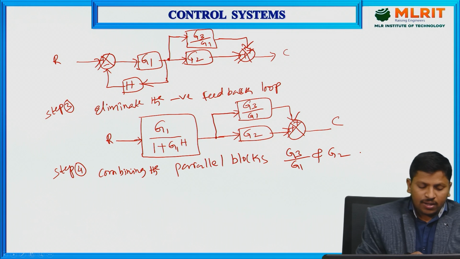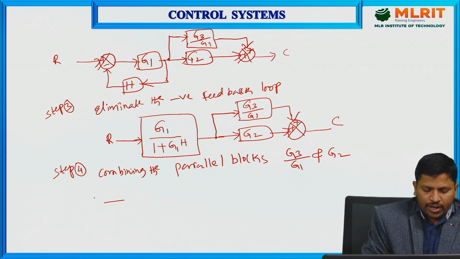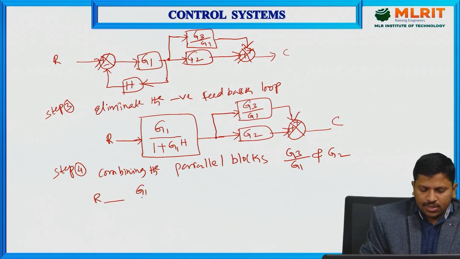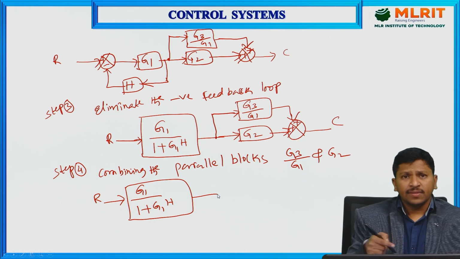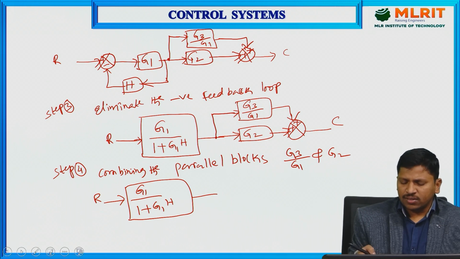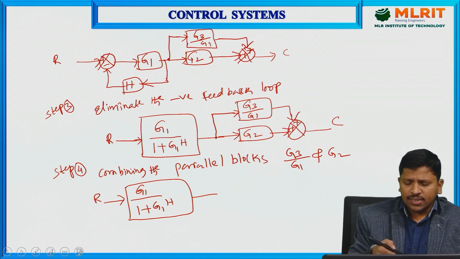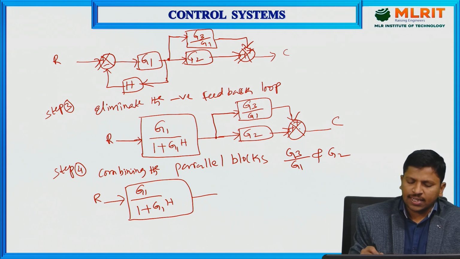Right. I am going to write this as it is, 1 plus G1 and H. And here G3 divided by G1 and G2. These two are in parallel, so the same signal enters and the direction is the same, combining into the single summing point.